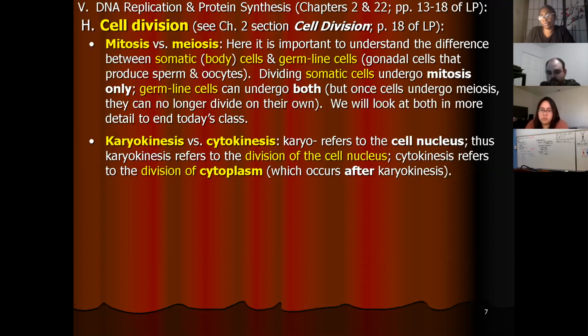What you might want to write next to the second bullet is that you will see that in telophase. Second bullet, all in telophase. You'll see the nucleus divide first, then after that, division of the cytoplasm, cytokinesis.